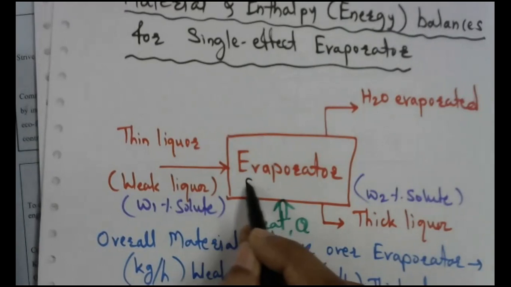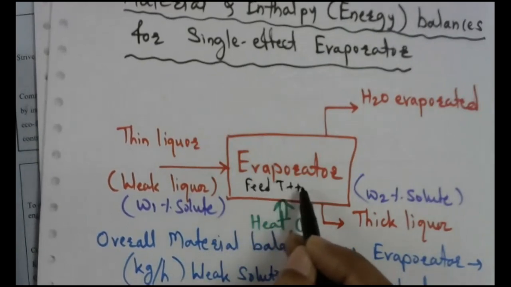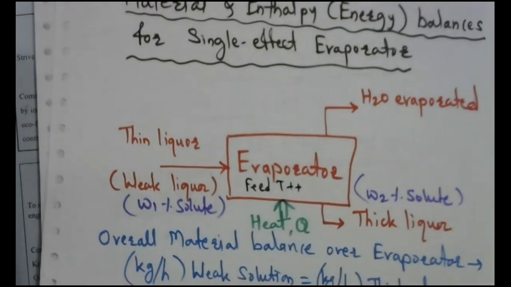Without phase change, if the temperature is going to increase, then it is called sensible heat, and that is why the formula for sensible heat calculation is Q equal to mCp delta T, right?